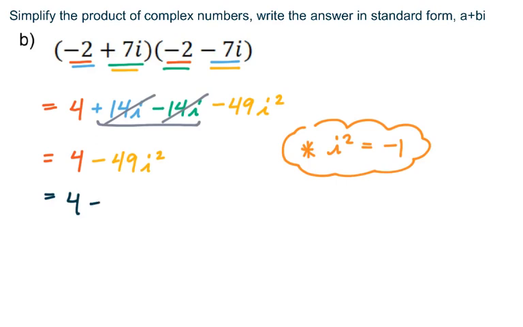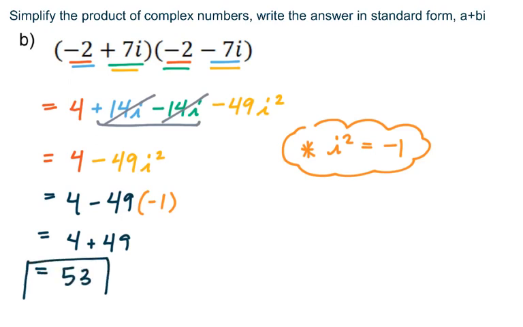So we have 4 minus 49, and since i squared equals negative 1, that's times negative 1. So we have 4, that would be plus 49, or just 53. 53 is our final answer. And you'll notice here that 53 is just the real number part. It's just the a part of this complex number.